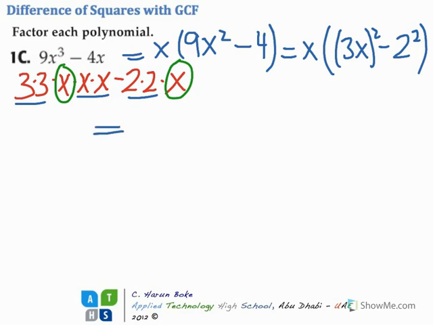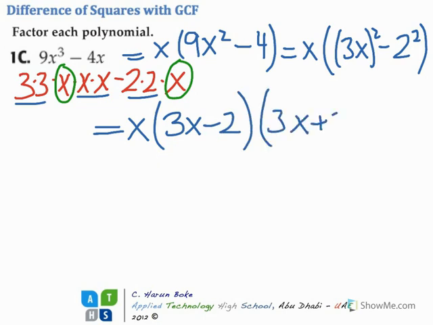So the factored form of this expression is x times, instead of this difference of squares, we write the factored form of it, which is (3x minus 2)(3x plus 2).